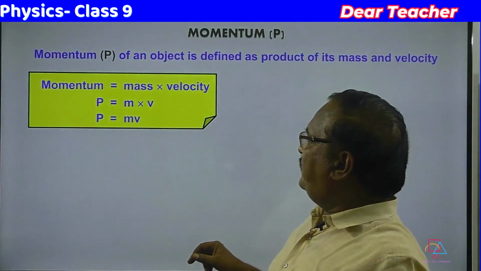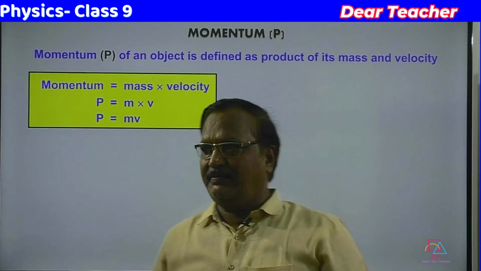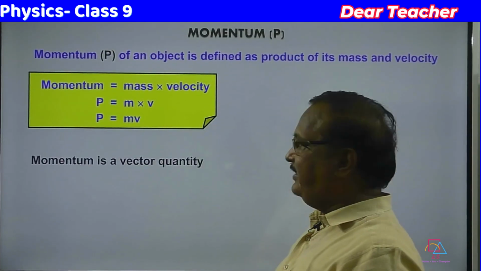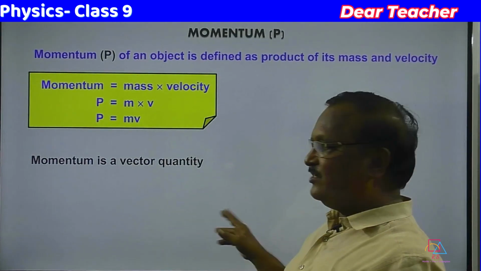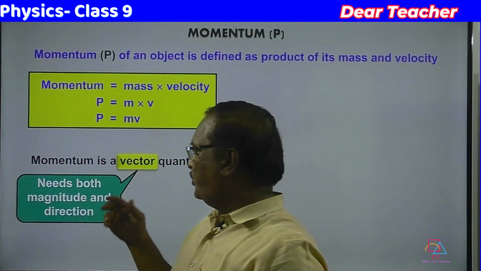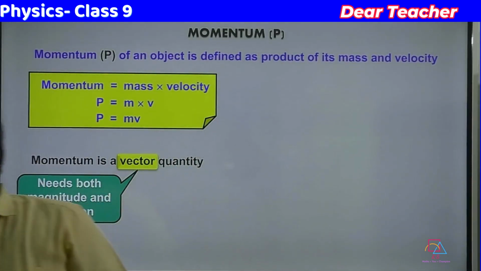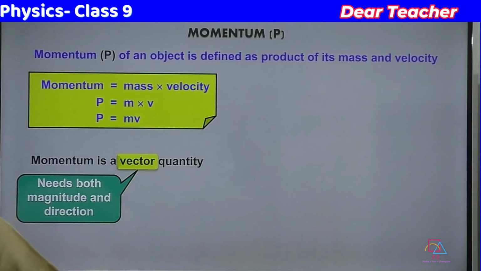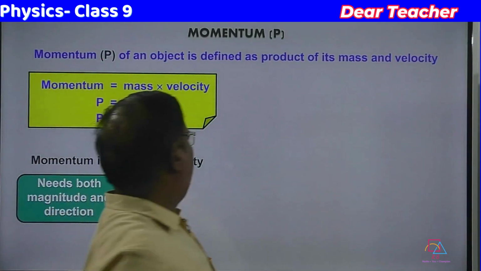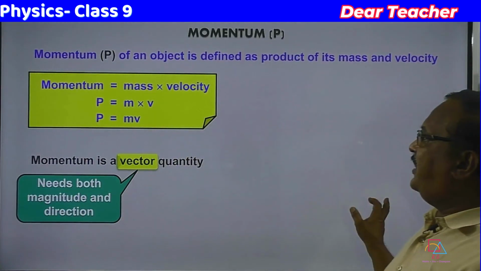So P is equal to mv is the equation for momentum. Momentum is a vector quantity, and it has both magnitude and direction.